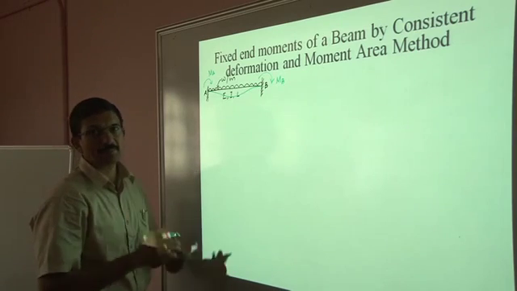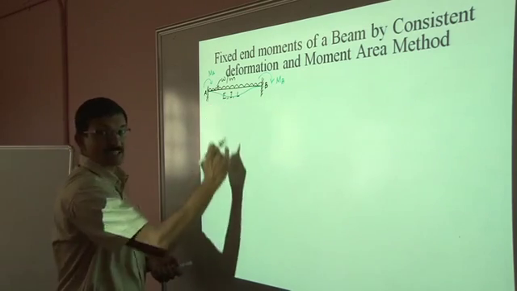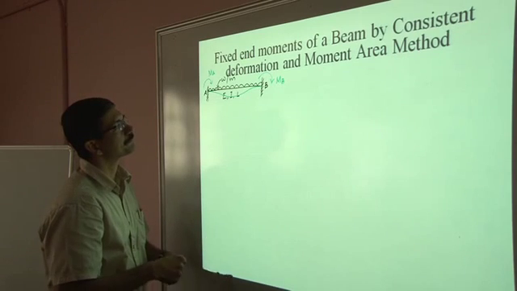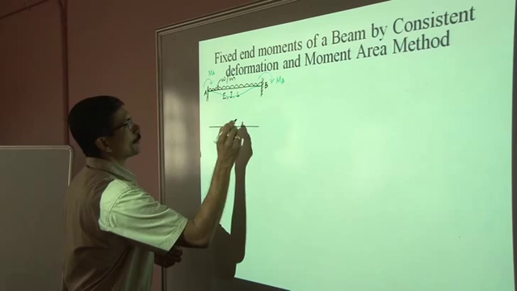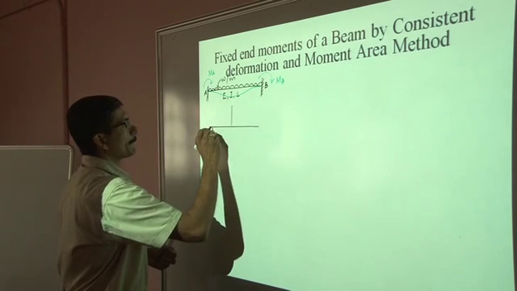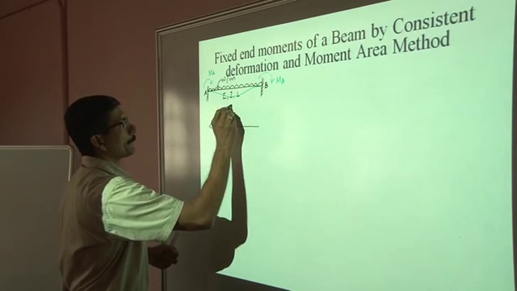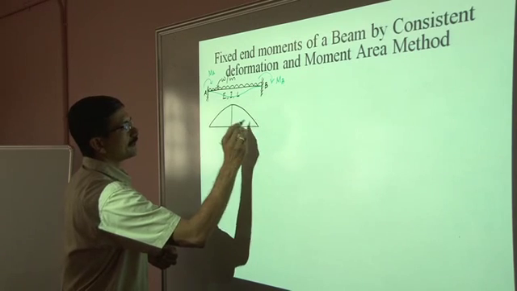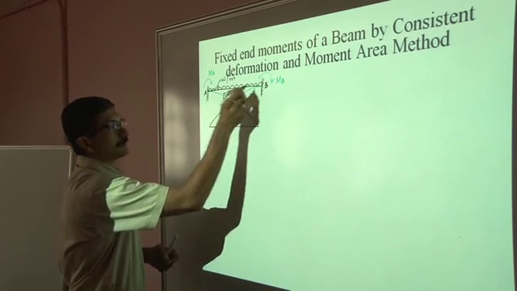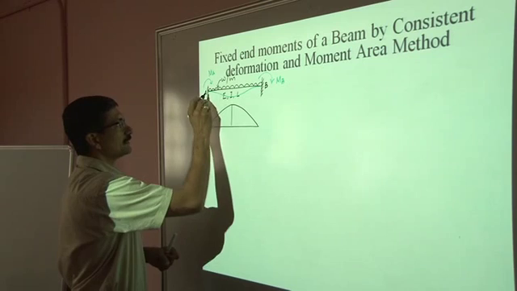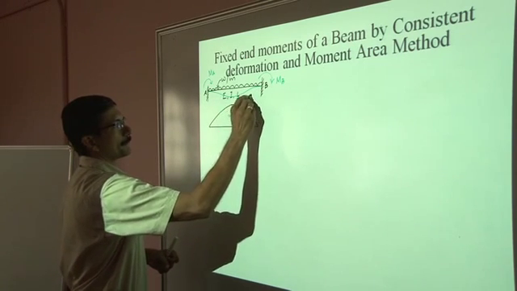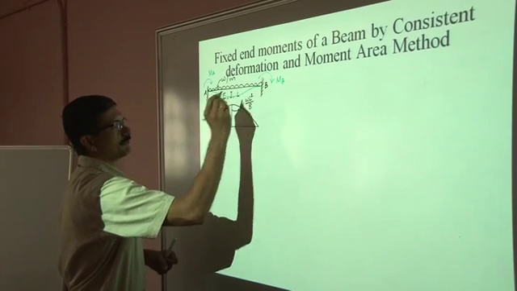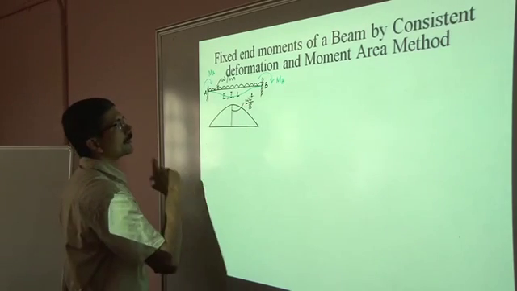If I split the bending moment diagram of this into three parts, like the simply supported bending moment diagram for UDL in a simply supported beam, considering these two supports are simple supports, that will be the bending moment diagram.